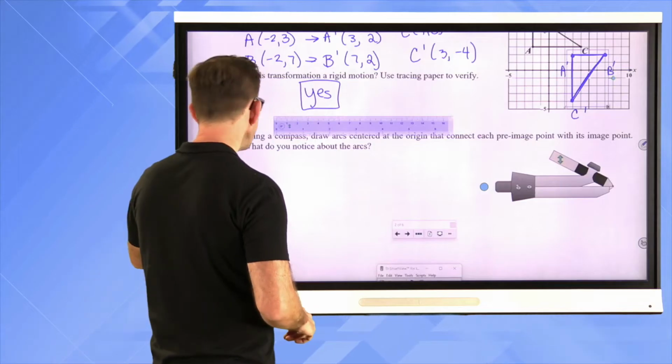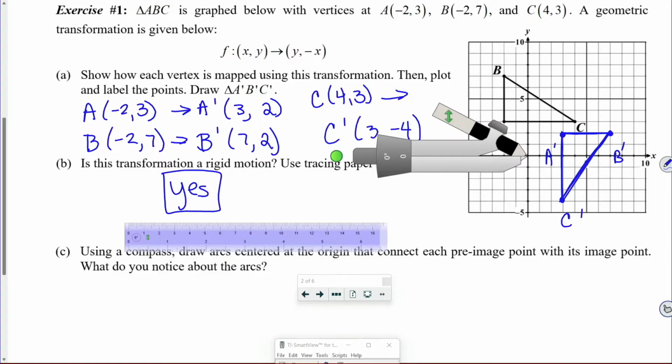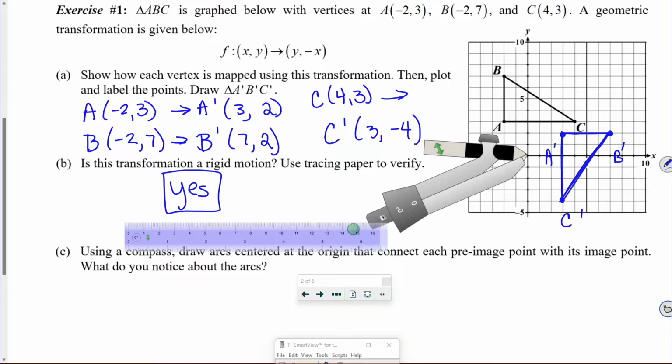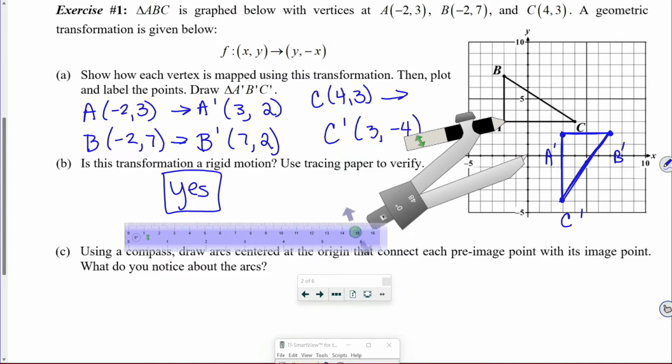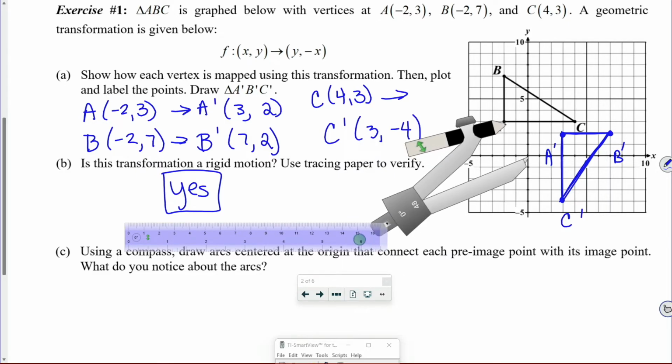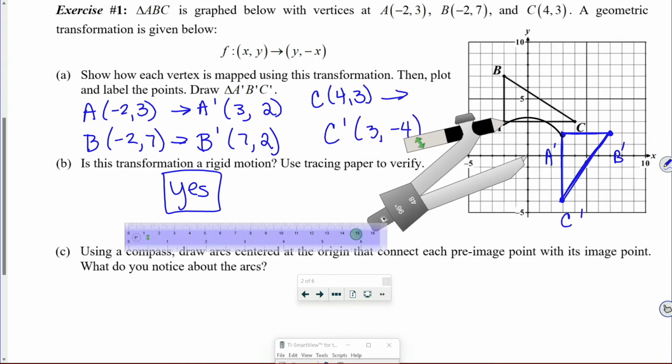All right, so this is kind of cool, and it really gets into what we're doing today. If I take my compass out, and let's say I rotate it so that it is, really delicate. There we go. Pretty good, actually. Right, it's going through point A, and I draw an arc. Notice that goes through point A prime.